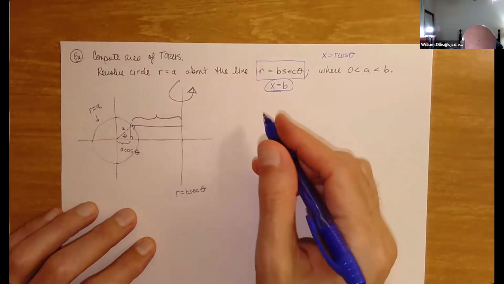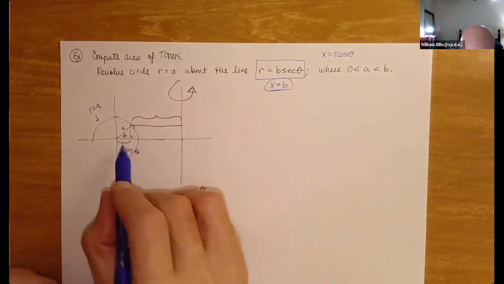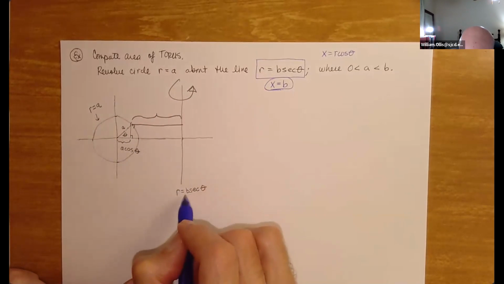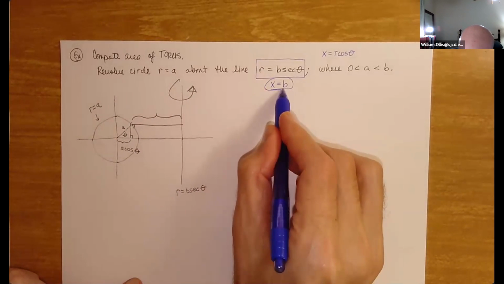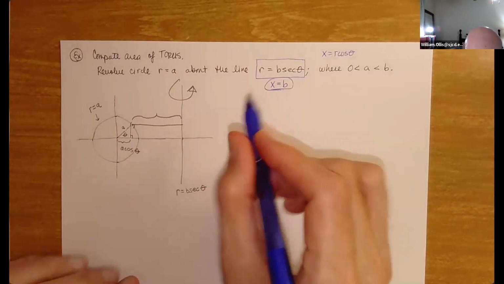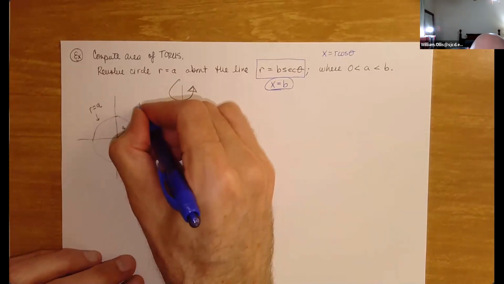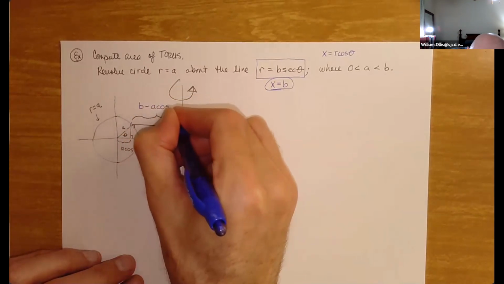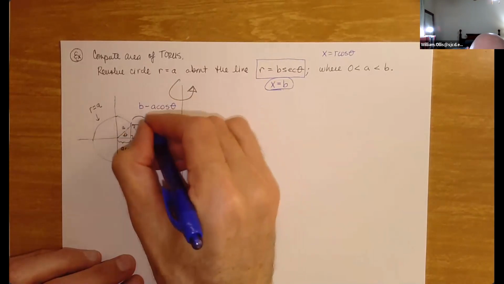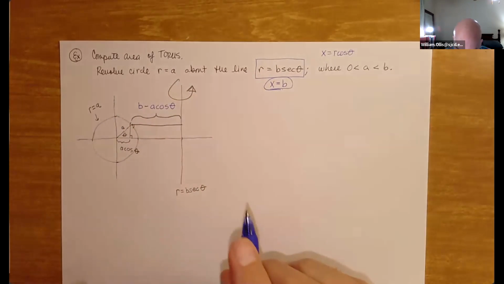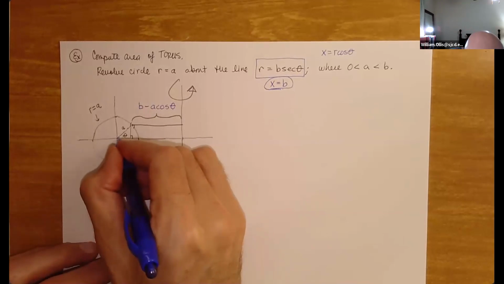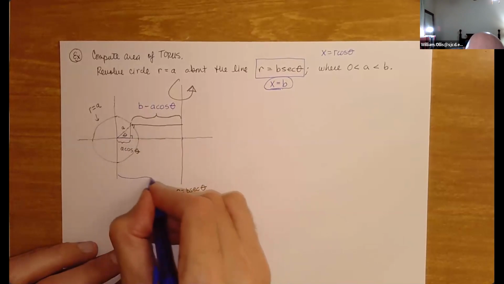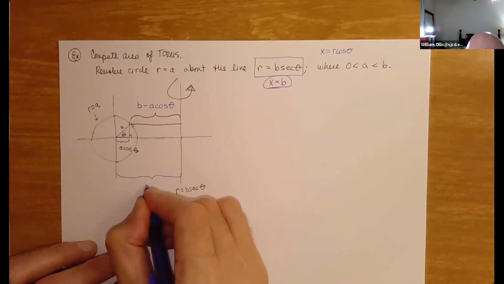So we're thinking of the distance from here to here, and we have to define this as we define the distance here. That's a kink in the problem. This distance will be b minus a cosine theta. We know this distance here is just b.